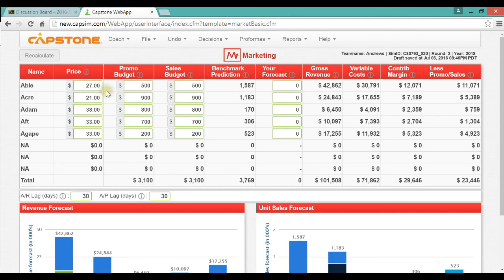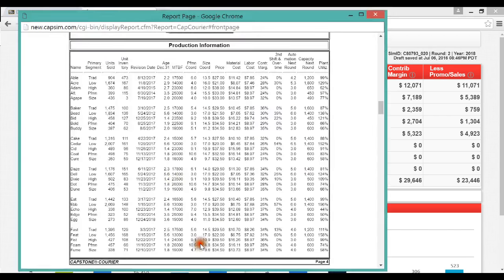So the first thing we look at is the price of the product. And again, using the product information, you can see how you relate to your competition. And we already talked about this. For Able, my price is $27. I have a pretty good product, yet I have the cheapest price.